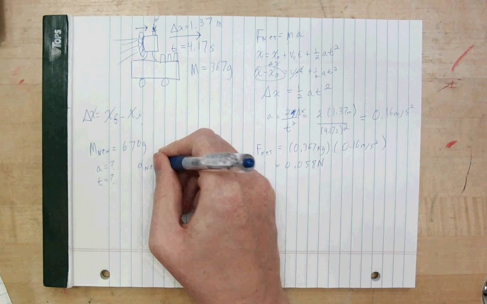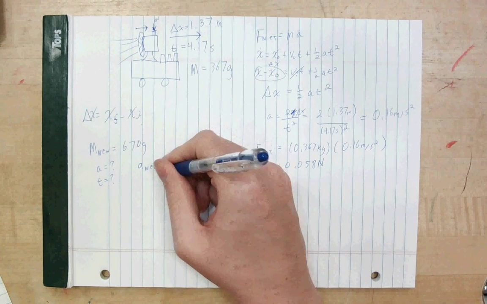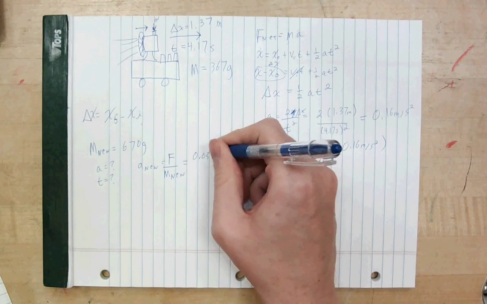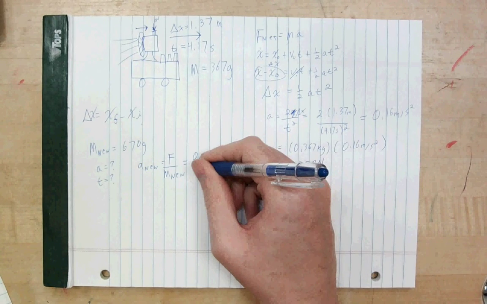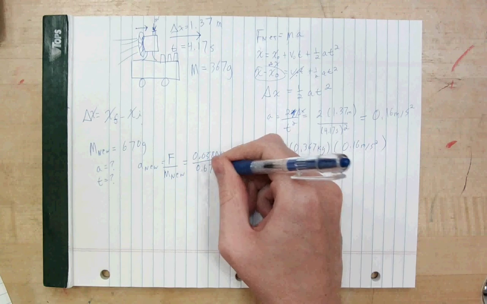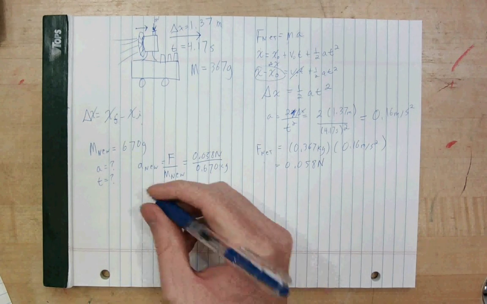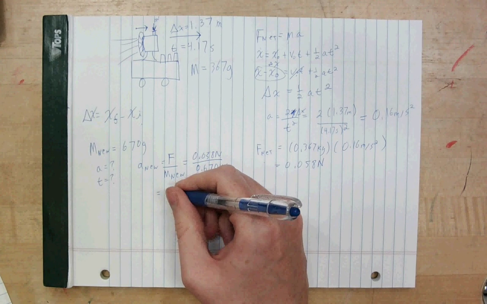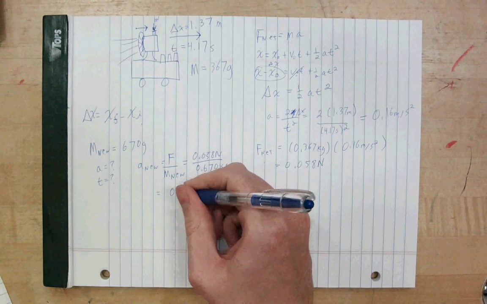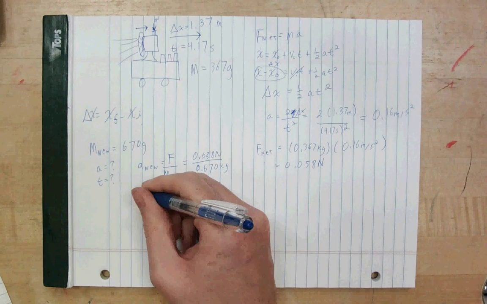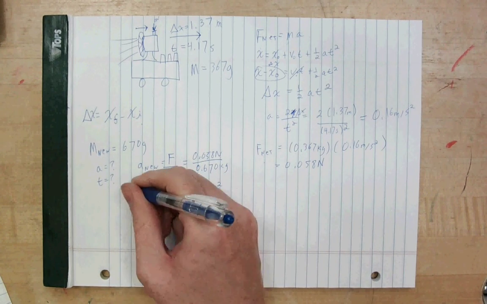So a new equals the old force divided by the new mass, 0.058 newtons, divided by 0.670 kilograms. And I get that my a new is 0.087 meters per second squared. So that's a new.